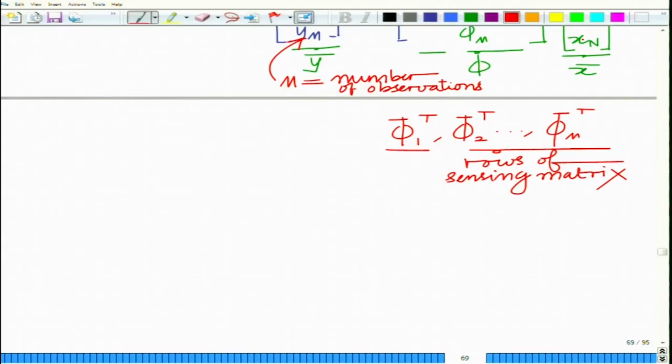Each observation you can think of as a projection of this vector x bar. So you are forming phi 1 bar transpose x bar, that is one observation, phi 2 bar transpose x bar. So each of these observations is a projection of this vector x bar on a row of this sensing matrix phi. You can clearly see you have yi, the ith observation, equals phi i bar transpose x bar.